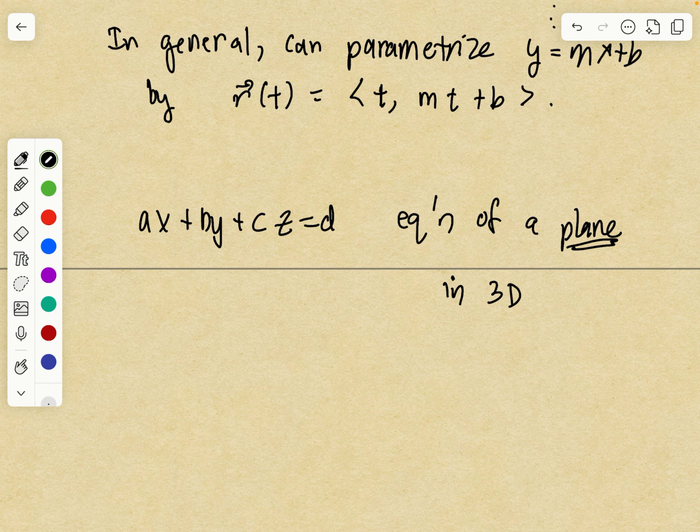Basically what happens in n dimensions, so this is the case when n is 3, in n dimensions, if you have a single equation like this, then the points form an n minus 1 dimensional object.